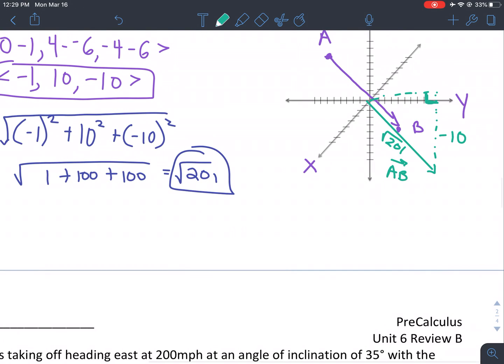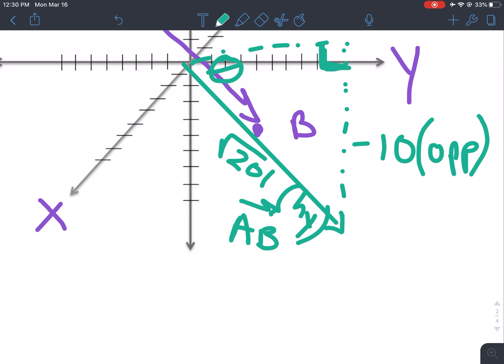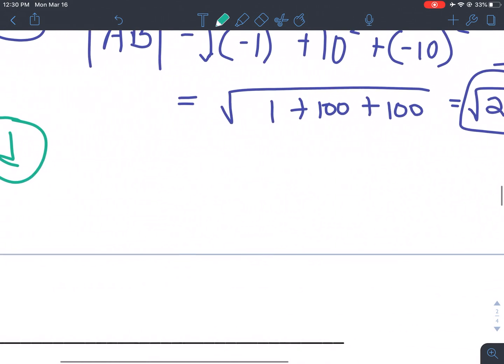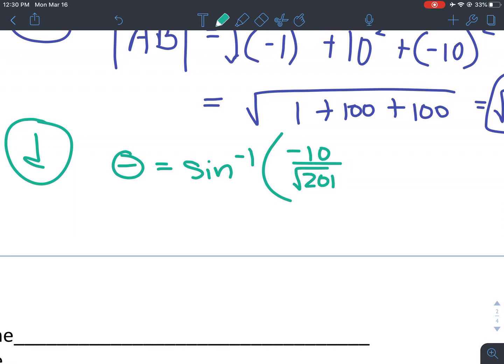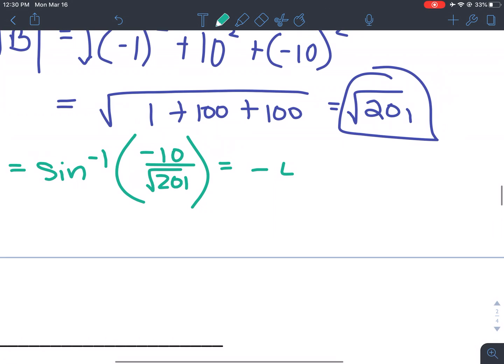So what we want to do is notice that this is opposite. This is hypotenuse, and my angle theta is right there with the horizontal plane. So now let's use sine inverse of opposite over hypotenuse. Let's put that right in the calculator. That should give you an answer of negative 44.9 degrees.